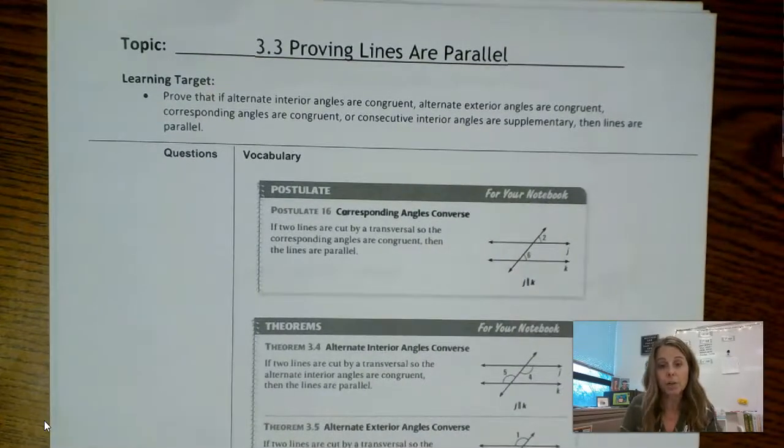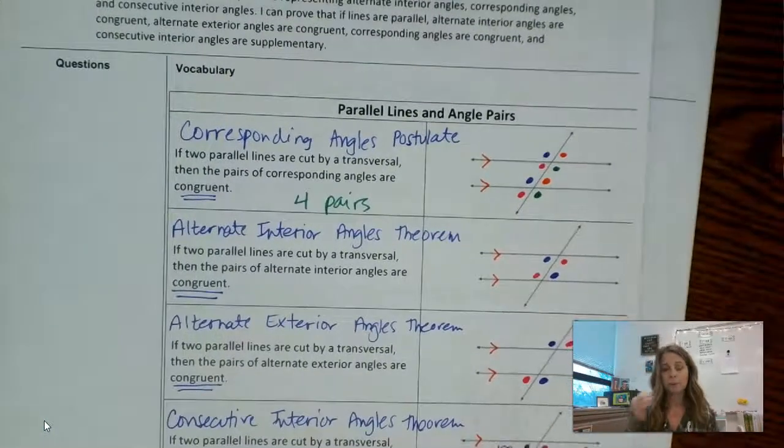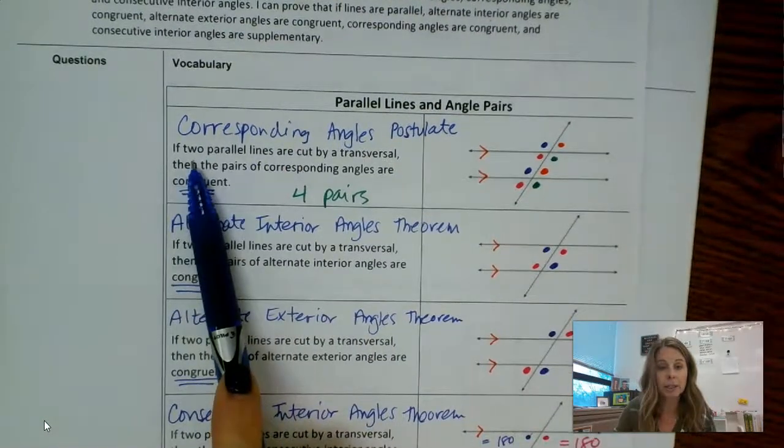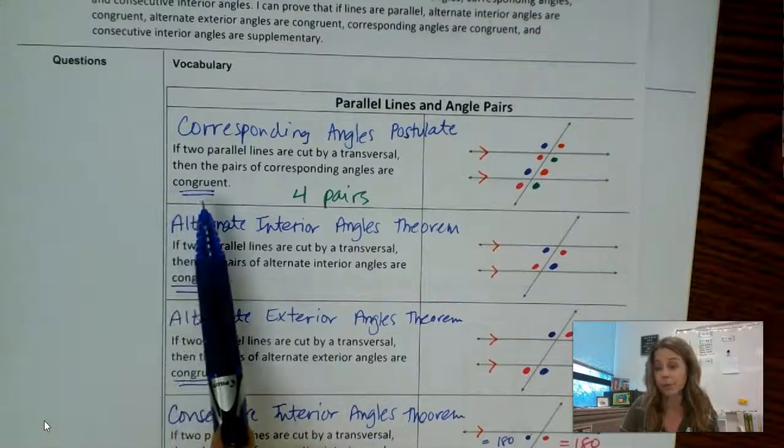So we have four, they're actually called converses because they are truly the converse of the theorems from the last section. So for example, let me go back to the last section. If I start with the corresponding angles postulate, it said that if two parallel lines are cut by a transversal, then the pairs of corresponding angles are congruent.